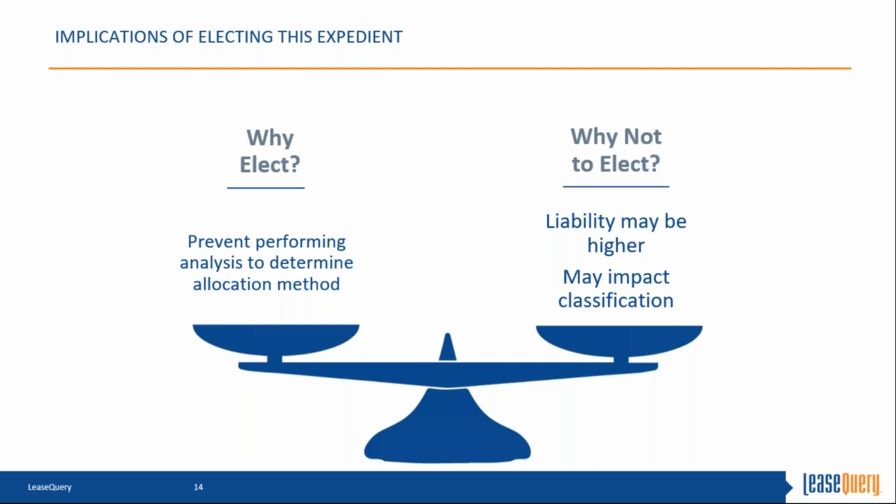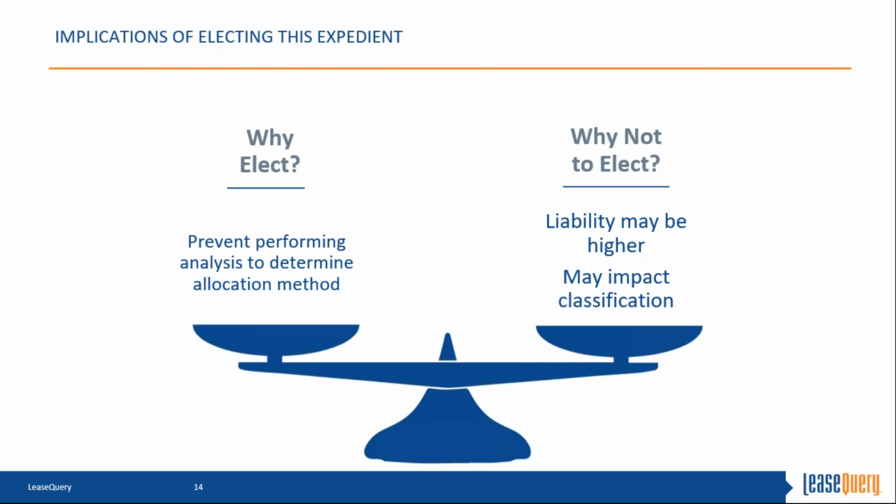Maybe you want to separate those executory costs and make sure that those are managed separately from your lease expense. Whereas maybe on your office equipment portfolio, your copier lease that has a component of repair and maintenance in the contract, it makes sense to elect to combine them.